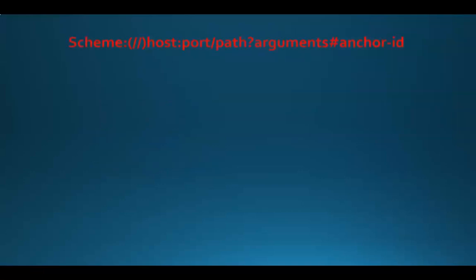So here is an example of the typical scheme of our absolute URLs. So we have the scheme, colon, slash slash, host, port, path, the arguments, and the anchor ID. The scheme, alias protocol, is HTTP or SMS. You will find very often your URLs start with HTTP.